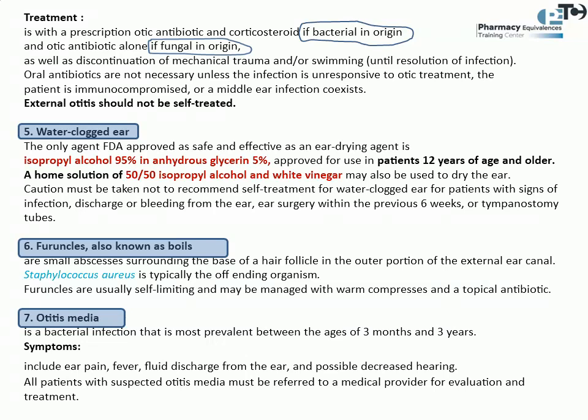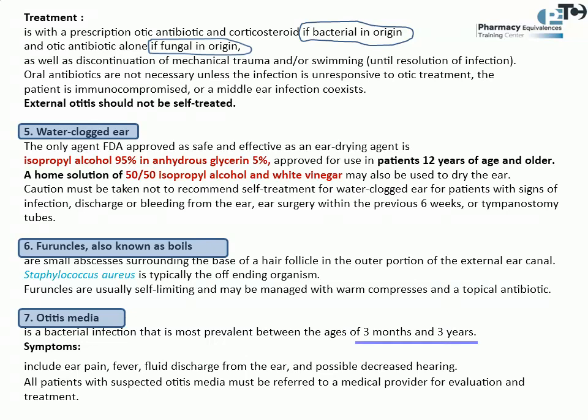And the last condition is otitis media, which is the most famous condition that we face in our practice. Otitis media is the inflammation of the middle ear. There is an involvement of bacterial infection, and the patient is between 3 months and 3 years of age.